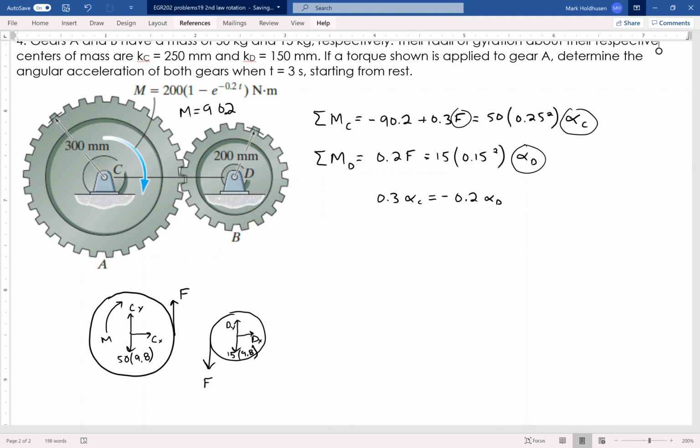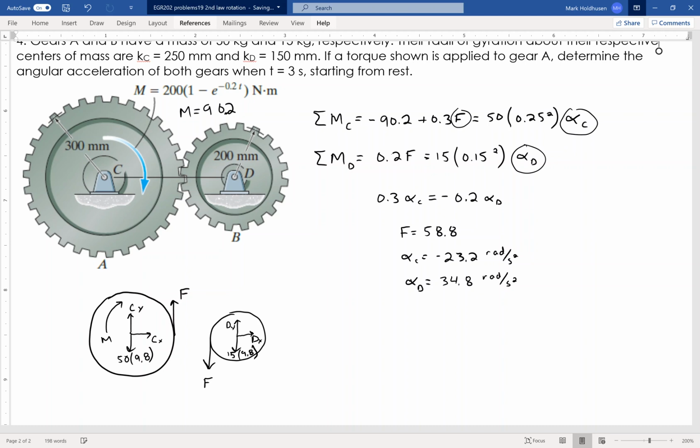Through the magic of algebra, I find that the force between the two is 58.8. What I'm actually looking for is alpha C is negative 23.2 radians per second squared, and alpha D is 34.8 radians per second squared.